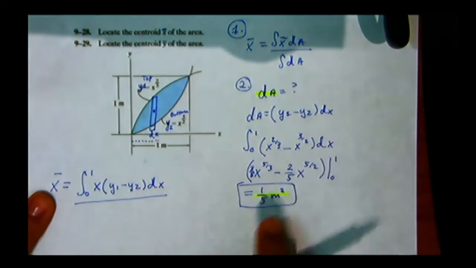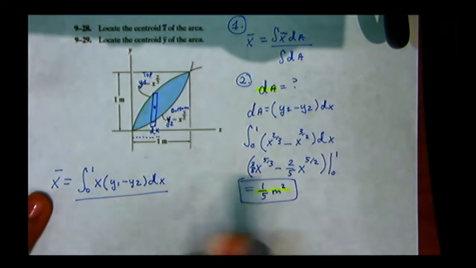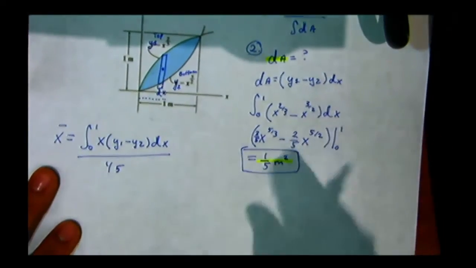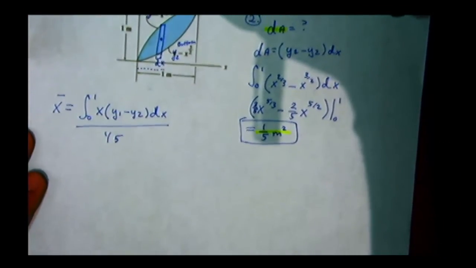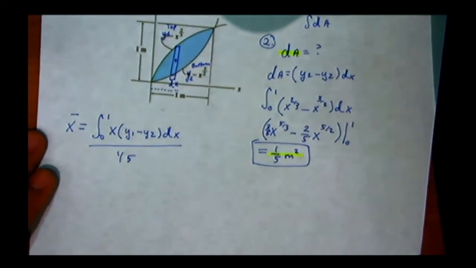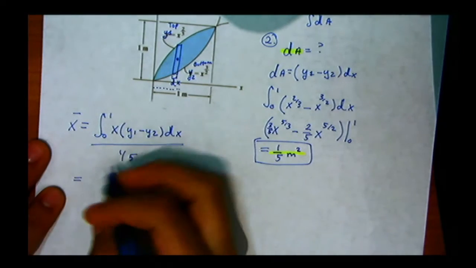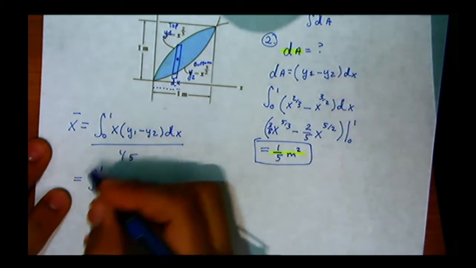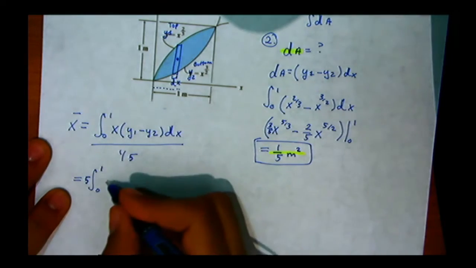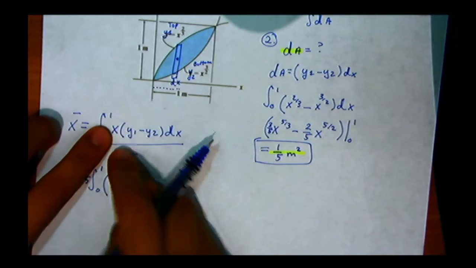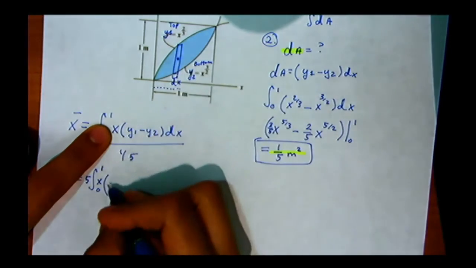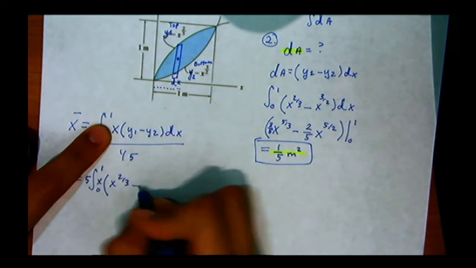Be like 5. And we know y1 is x^(2/3) minus y2 x^(3/2) dx. Correct? 5 equals 0 to 1. Thirds.